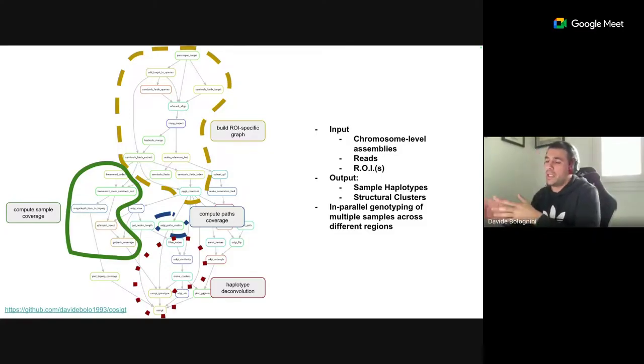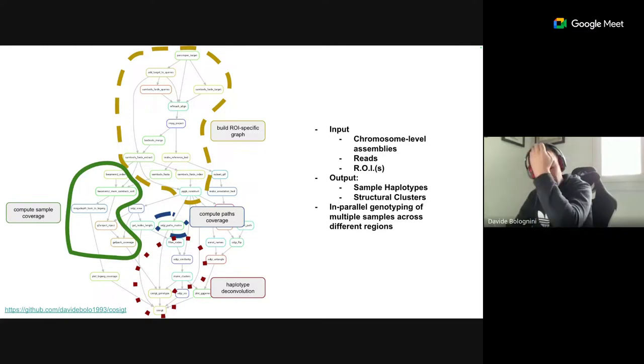The output is the sample haplotypes, so the two haplotypes in the graph that best describe the sample, and the structural clusters for these haplotypes. But we will see this in a couple of minutes.